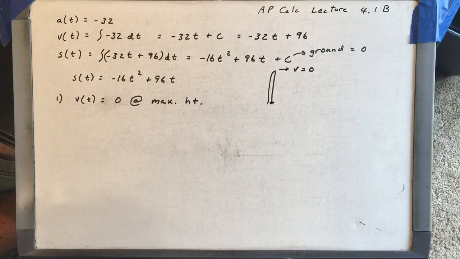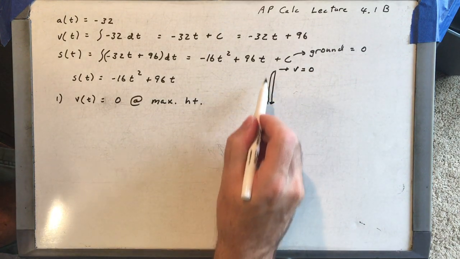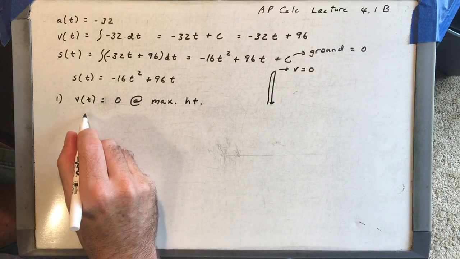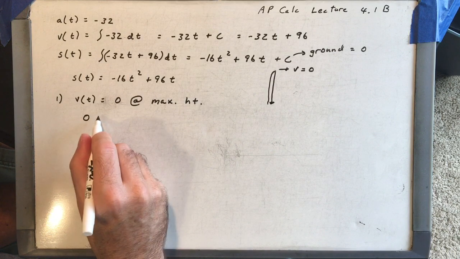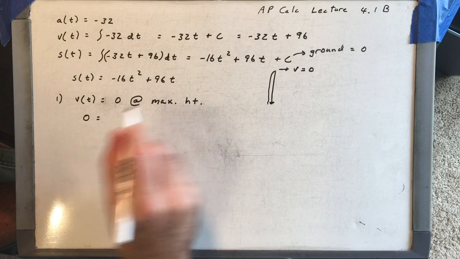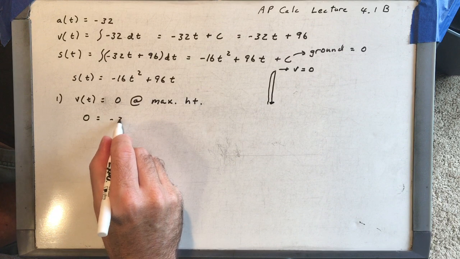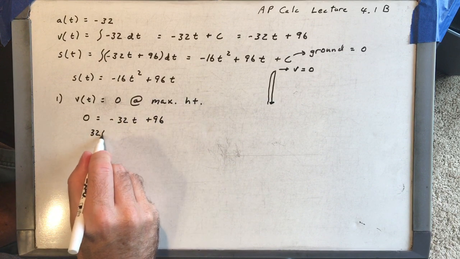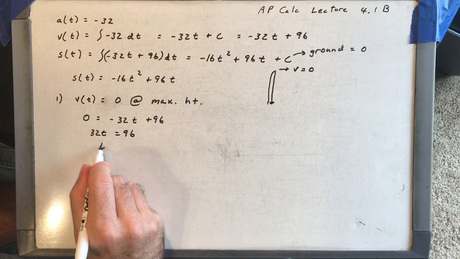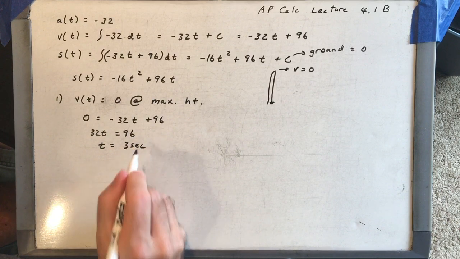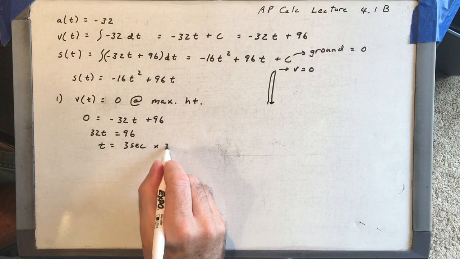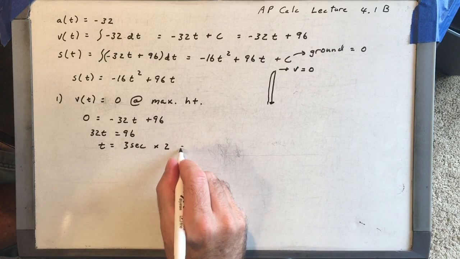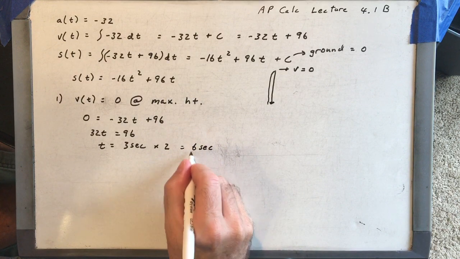So if we can figure out the time it takes to get to the halfway point, we can just double it. So 0 is equal to negative 32t plus 96. 32t is equal to 96, so t is equal to 3 seconds. And then times 2, because it's 3 seconds to get to the top. The whole flight is 6 seconds.